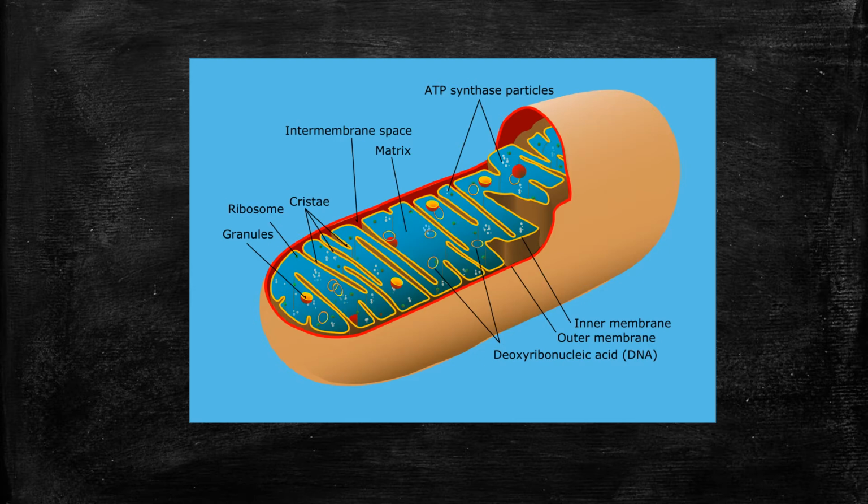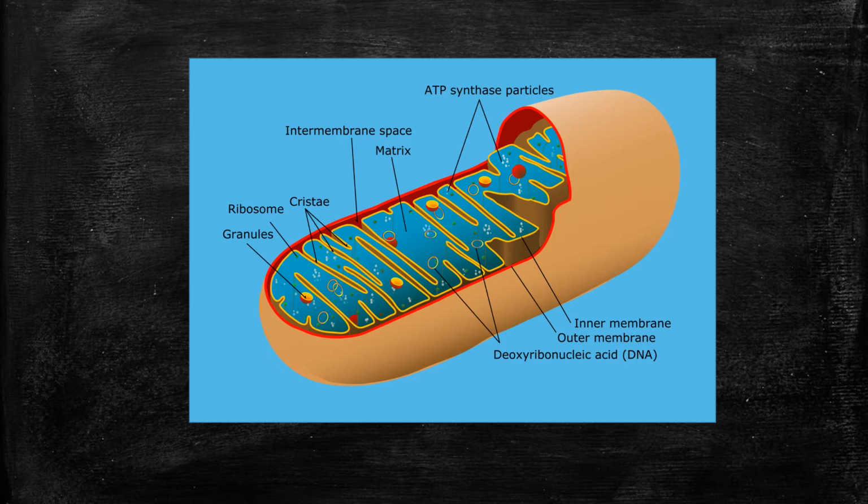So the outer membrane has what we call porins in it. That's a particular transport protein, and it's pretty large, and it allows small molecules to go through pretty easily. So it kind of resembles a sieve, permeable to all molecules of a certain size.